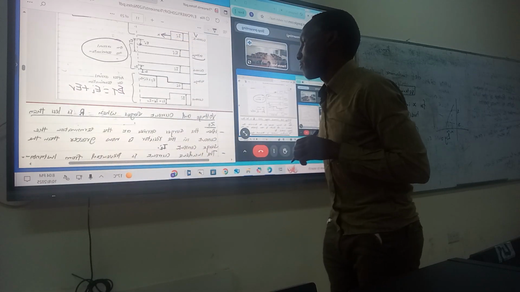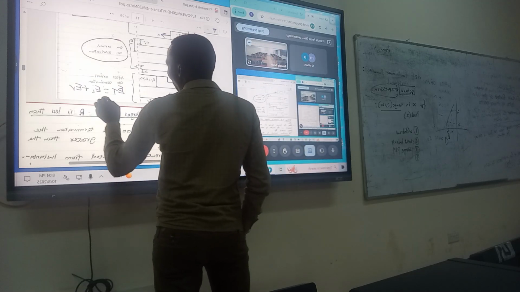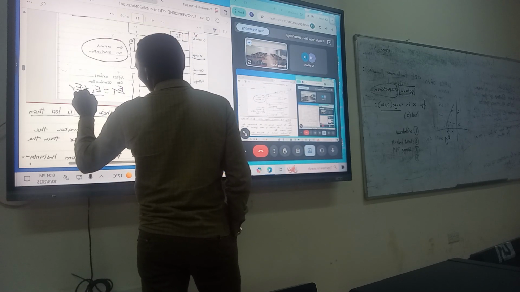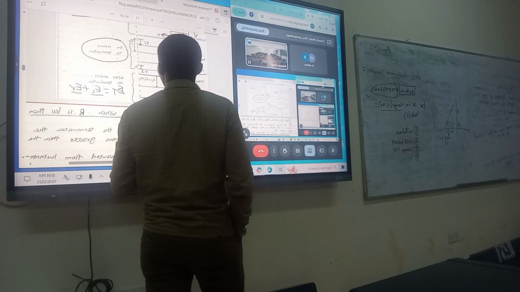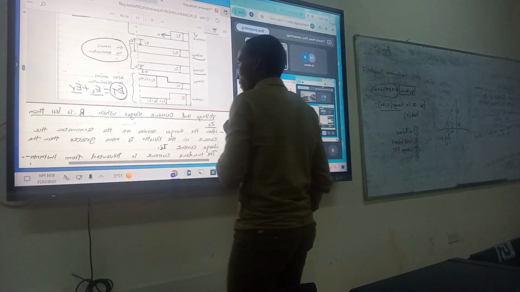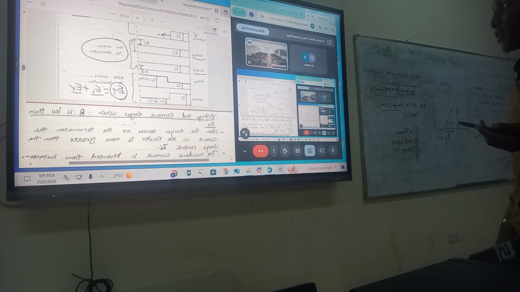What does that mean? That means that if we take the incident voltage and add the reflected voltage, it will give you the transmitted voltage. I think that one is very clear.